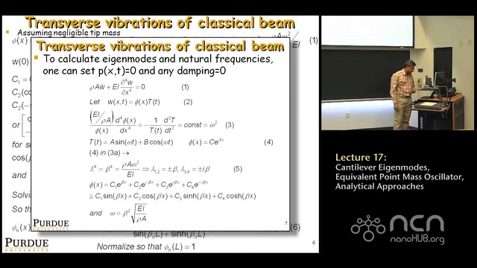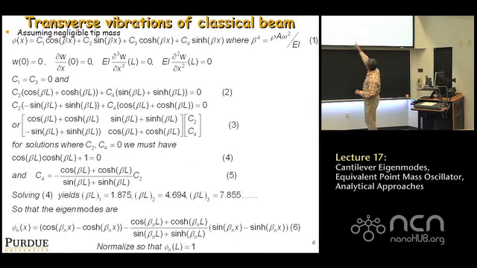So if you look at the very first beta, it's 1.875. The second beta is 4.694. So if I look at the ratio, 4.6 divided by 1.875, that ratio is about between 2 and 3, right? So the ratio of beta of the second mode to the first mode is between 2 and 3.